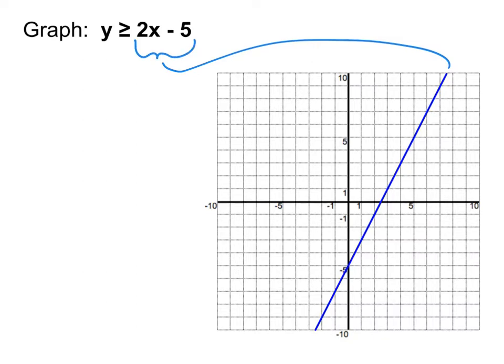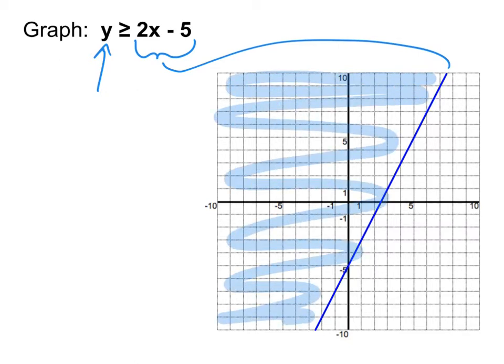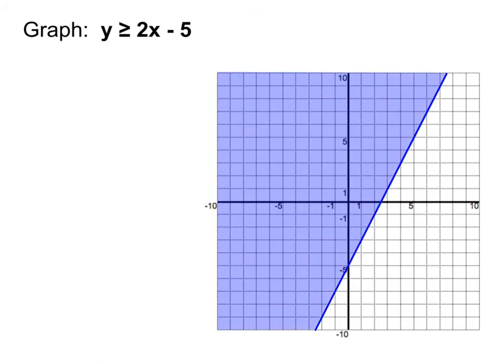We want to shade here all of the points where the y-coordinate is more than that. Notice then, that would mean that we'd be looking above our graph. And so then any point above my graph here has a y value that is more than the line. And hence, my final graph will look like that.